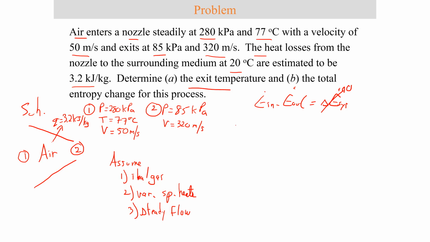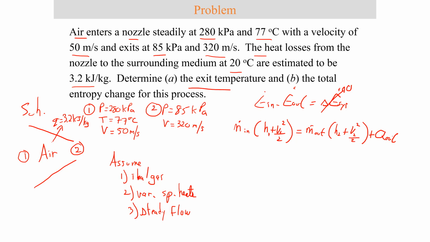So we have mass energy going in, carrying in with it enthalpy and kinetic energy. Going in, we'll call this H1 and V1. Going out, we also have mass going out, carrying out enthalpy at 2 and kinetic energy. And then we have heat going out.